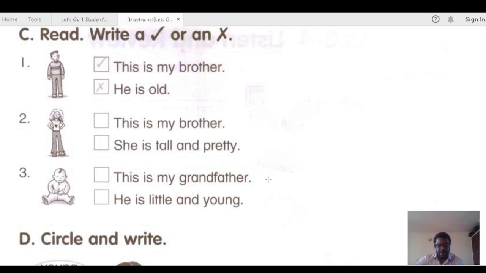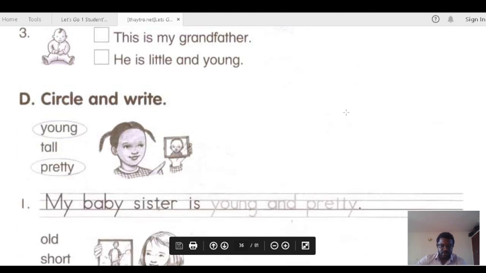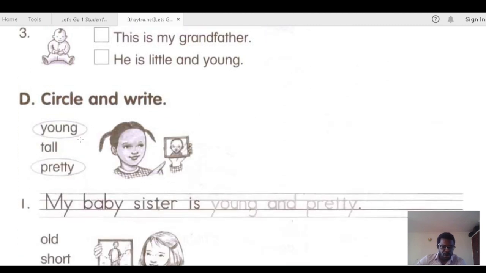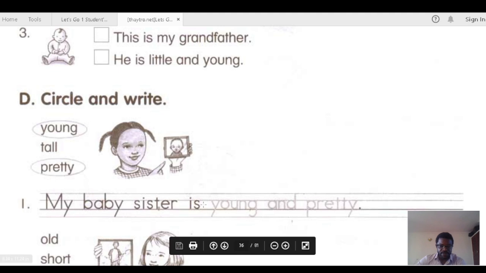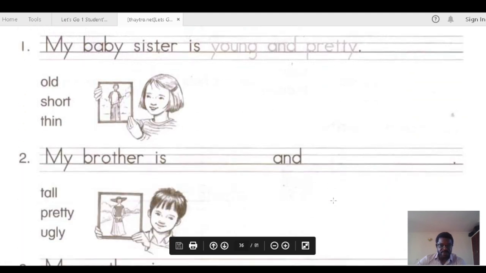This is my grandfather. He is little and young. Learn how to read. It's very important. Young, tall, pretty. My baby sister is young and pretty. Practice with these words at home.